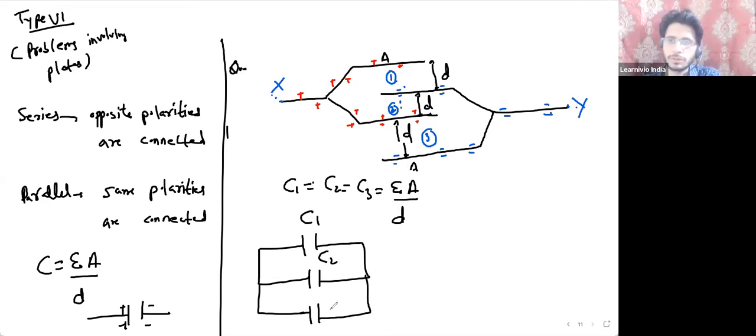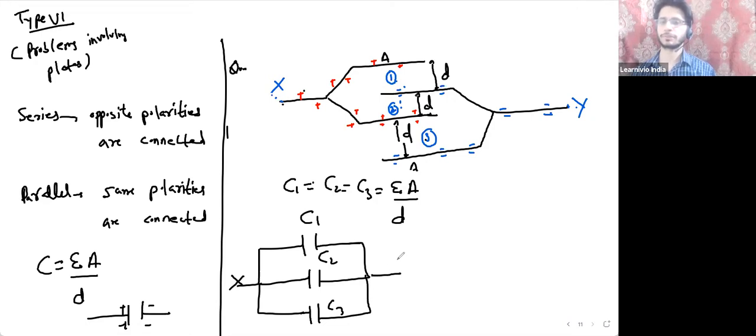Can you explain that again? Yes. How many capacitors do we have, and what is the connection? See, for the first capacitor, the positive plate is at X. The second capacitor's positive plate is also at X, and the third capacitor's positive plate is also at X. The negatives of all three are connected at Y. So all positives are at one point and all negatives at one point.